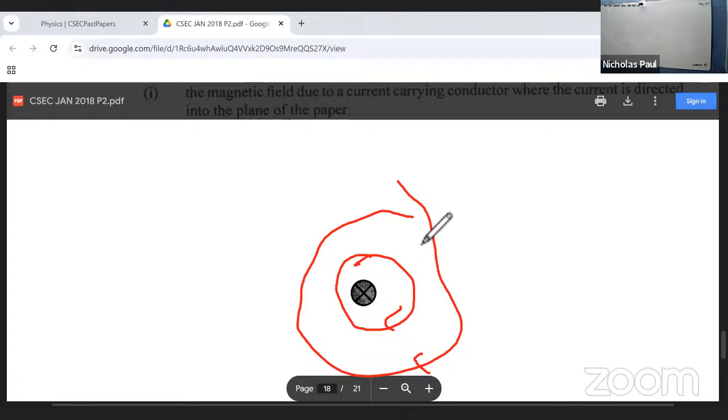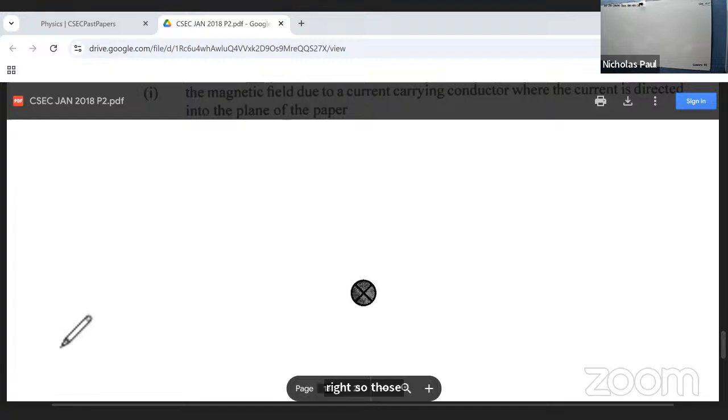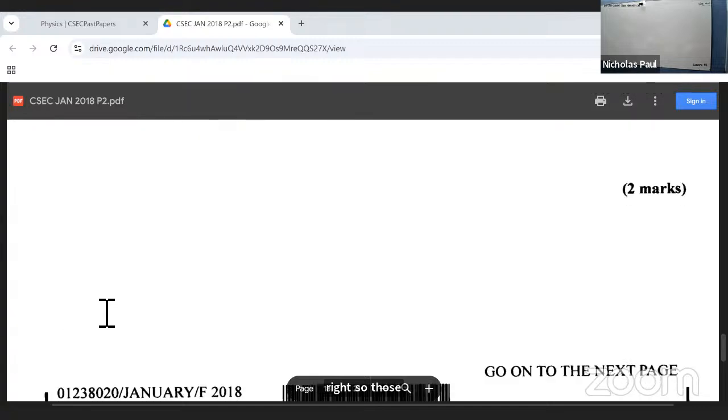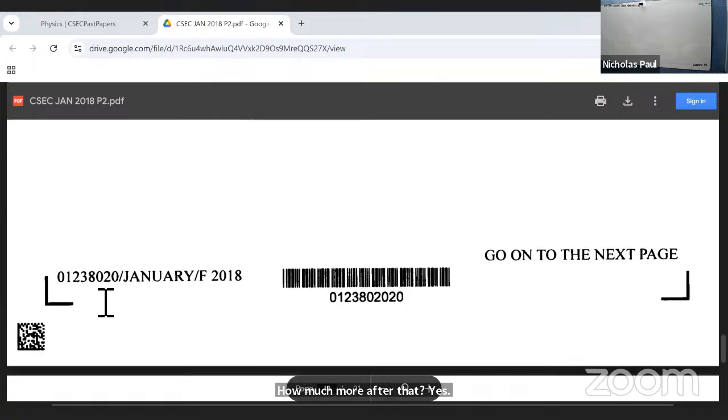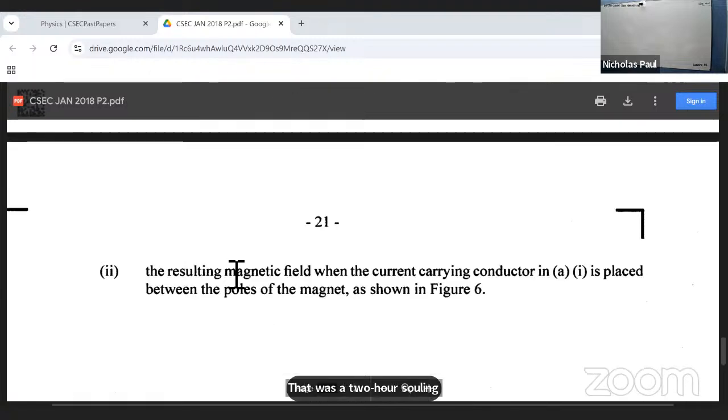Circles. How many marks is that? That was 2 marks. Easy 2 marks.